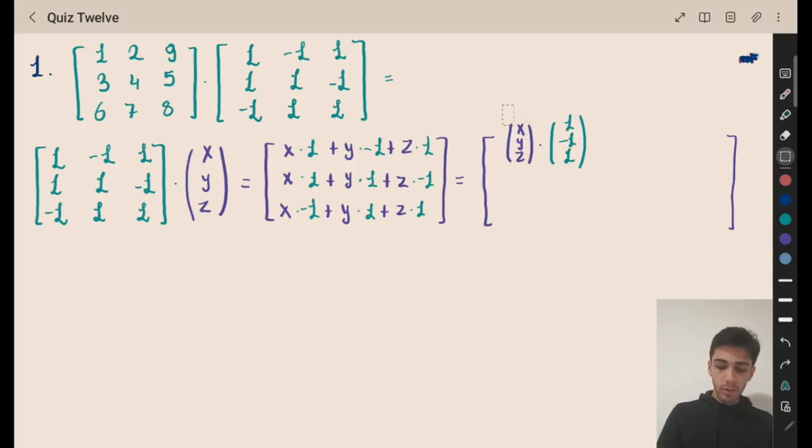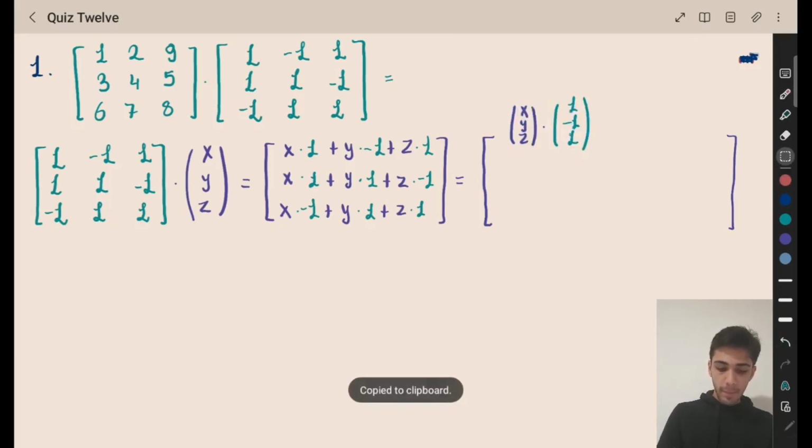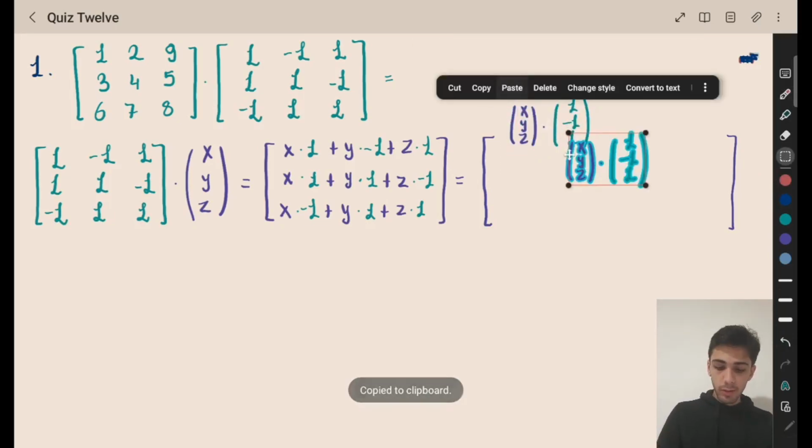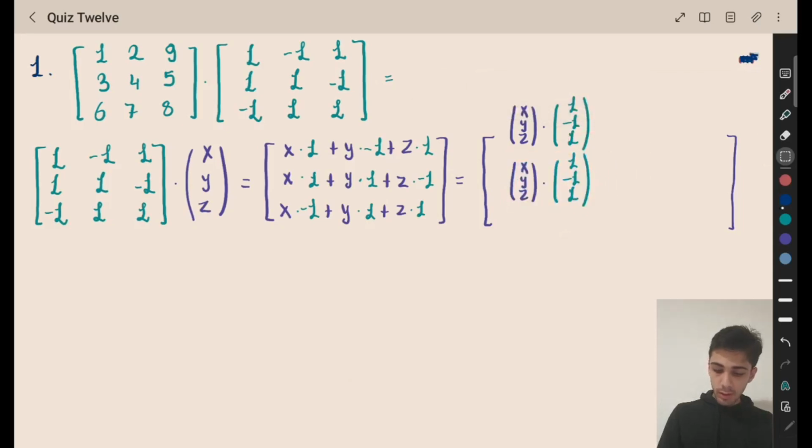So this is the first component in our resulting new vector. Second component is xyz, but with the second column. No, is it the second column? It's not. It's the second row.